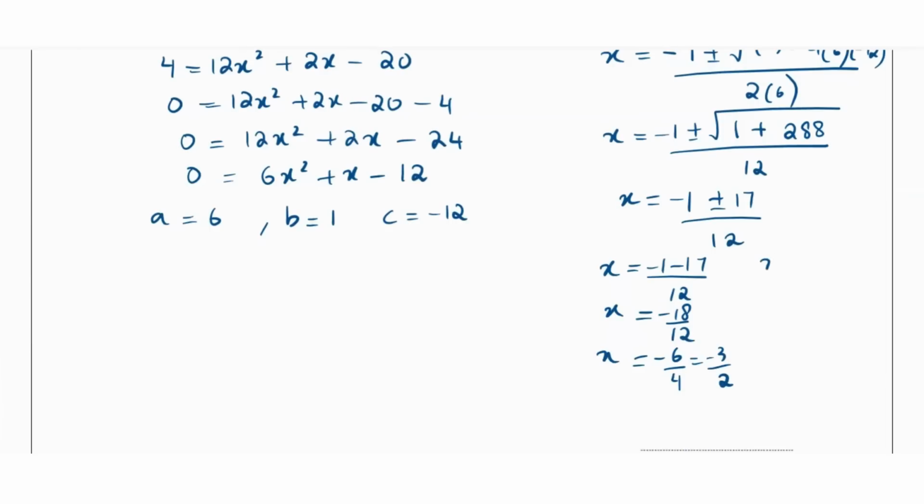And the other one is -1 plus 17 over 12, which is 16 over 12, and that's going to be 4 over 3. So we have x equals -3 over 2 and x equals 4 over 3. These are your values of x at which the gradient is 4.